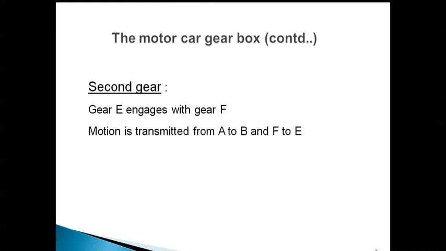And for the second gear, to run the car in the second gear, the gear E engages with F and the motion is transmitted from A to B and F to E. So here E will be slid to engage with F. Here A and F will be the drivers and B and E will be the drivens.